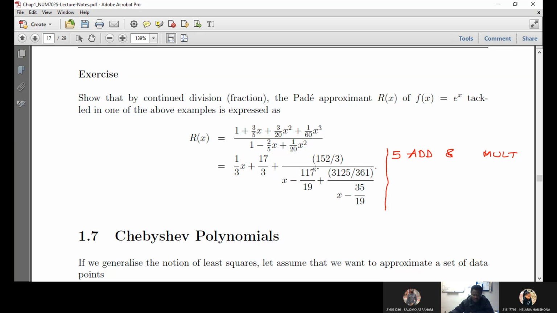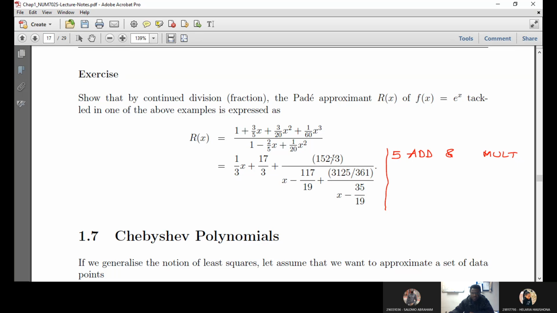How many multiplications? This is 1. Of course, I can count this because, theoretically, the coefficient here might be non-zero. Like here, you can see this one. I can take this 3 in the denominator, then I will multiply everything here, right?